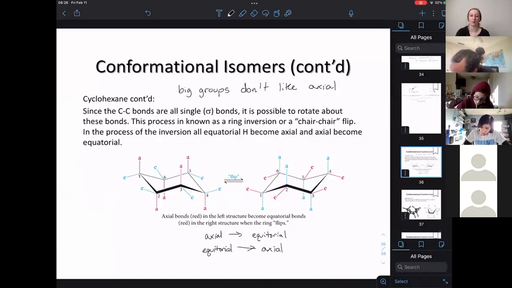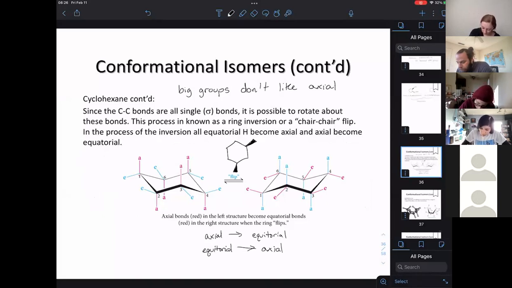Okay, so now let's do another one. This would now be cis-1,3-dimethylcyclohexane.